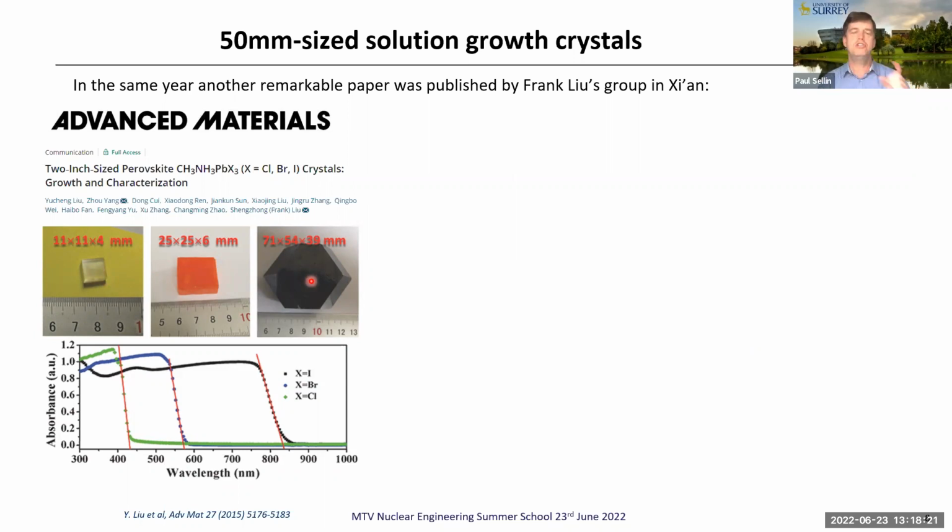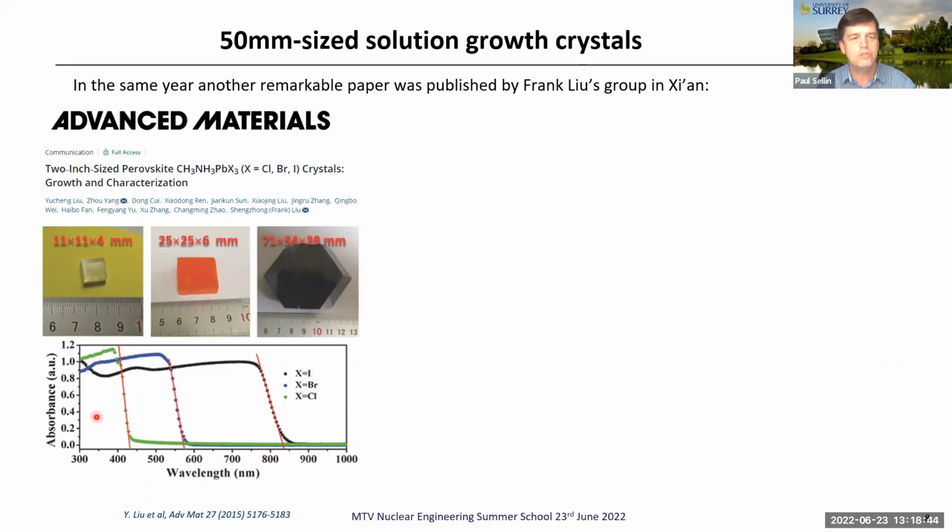And the other thing to note is these crystals have not been cut on a saw. These are as grown, so they grow perfectly faceted. The left-hand crystal and the middle crystal are obviously cubic in their structure and are growing out in a cubic structure, whereas we have a more tetragonal structure for the iodide.